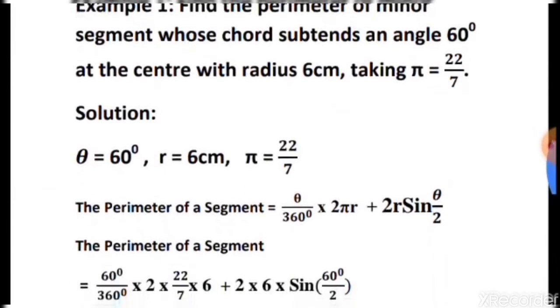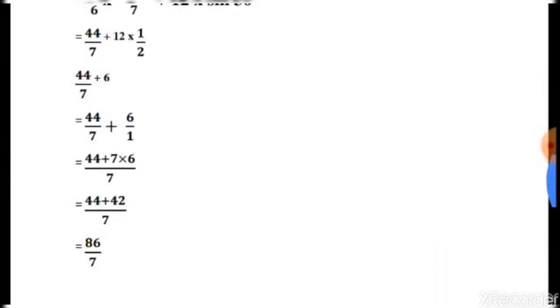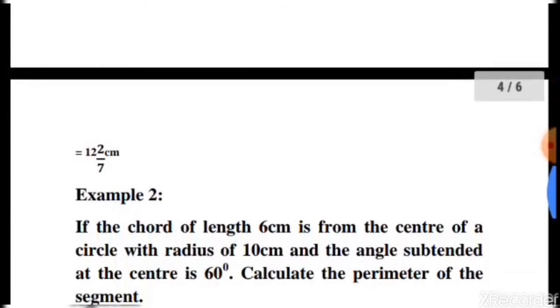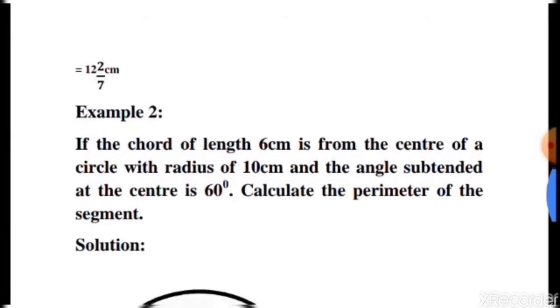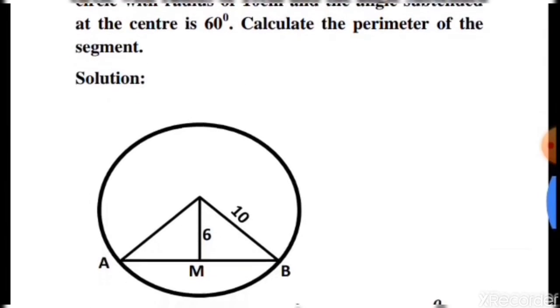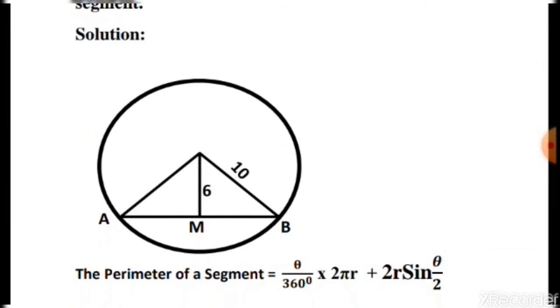And so in example 2, we are given the distance of the chord, which is 6 centimeter from the center of the circle with the radius of 10 centimeter. However, we are not given the length of chord AB.